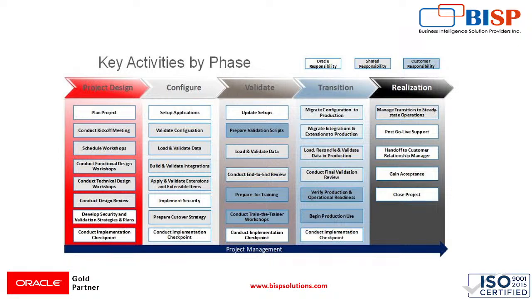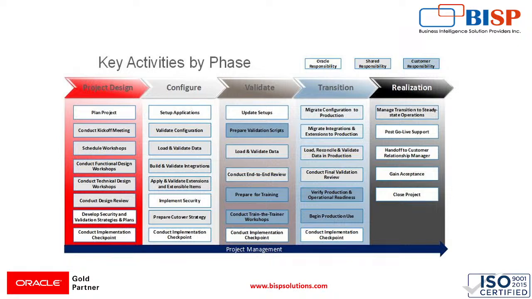That means from the Oracle team, the customer's point of view, and the end user's point of view, it is also the customer's responsibility. You can also see the blue line, which is for the customer's responsibility. Here you can see the project design, which is the plan project.